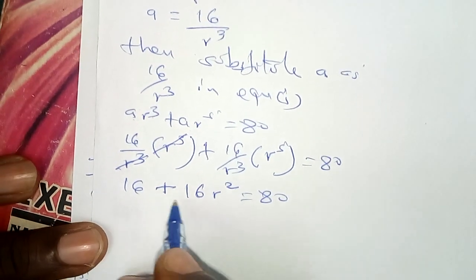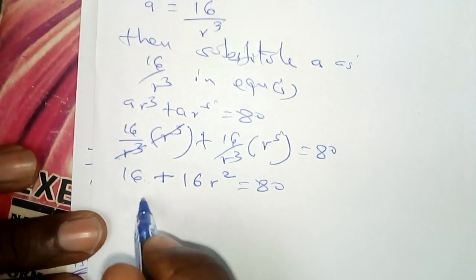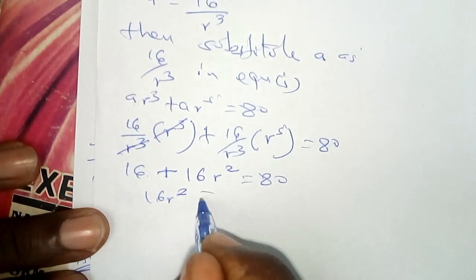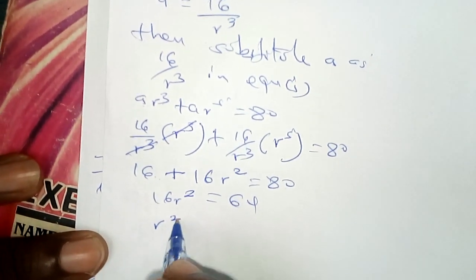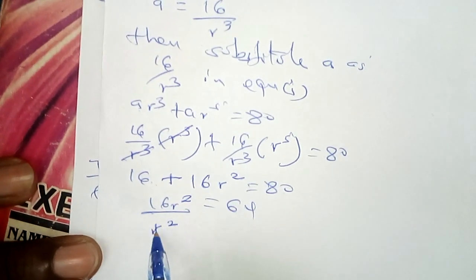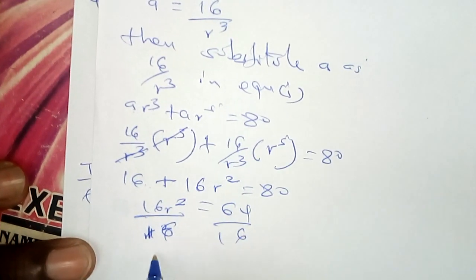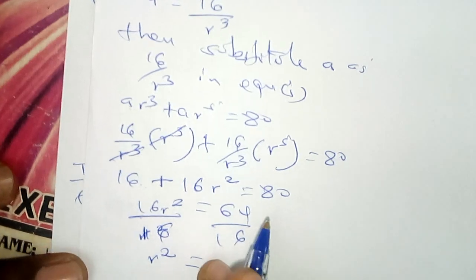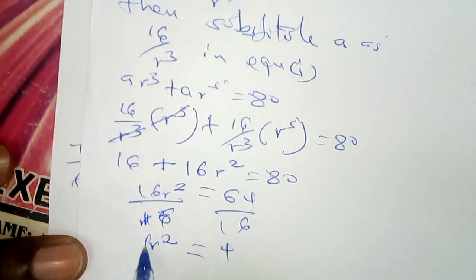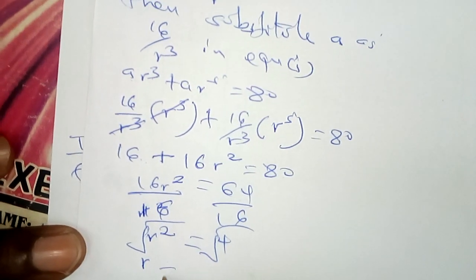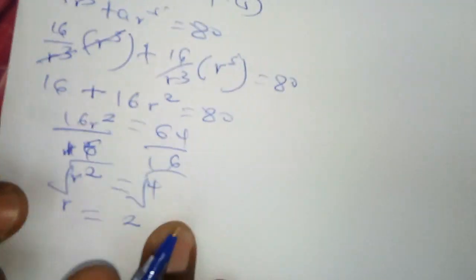So when you take the 16 to the other side, it will be 16 R raised to 2 is equal to 64. Now you divide both sides by 16. R raised to 2 is equal to 4. But we want to get R particularly, so you square root both sides. So R is 2.